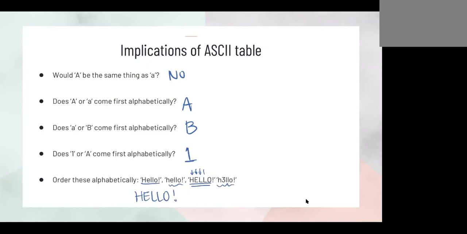So you already know it's going to be a showdown between the 2 capital H hellos, but because the second letter for this one over here has a capital E versus a lowercase e for the other hello, we know that this one will come first, which also means what would come second?